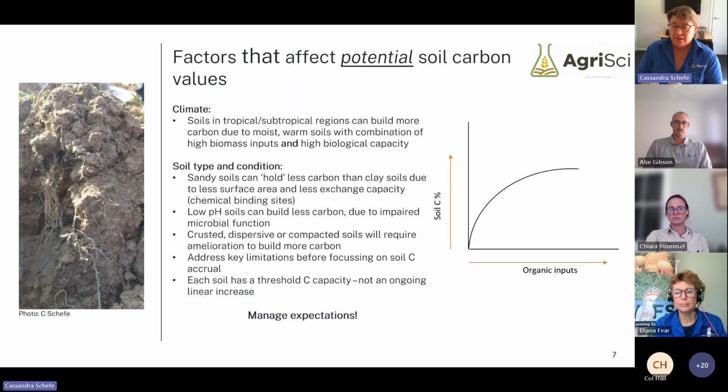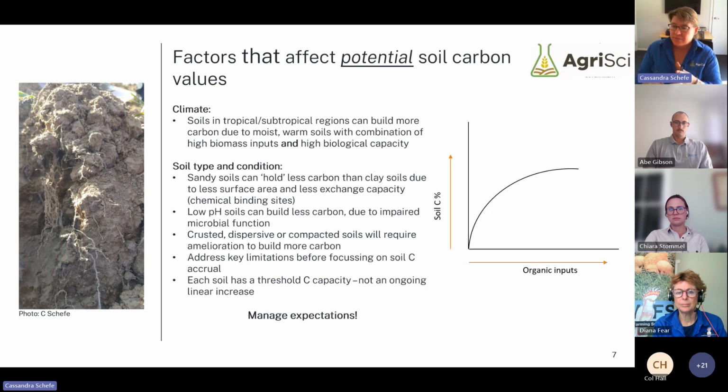We also know that if we have crusting, dispersive or compacted soils, we'll also have less ability to hold carbon because we've got less oxygen moving through, less water moving through, and less ability for that plant to grow. So within this, we really want to be addressing and ameliorating our key constraints before focusing on any form of soil carbon accrual. So focusing on what we need for the plant rather than focusing on the soil itself.